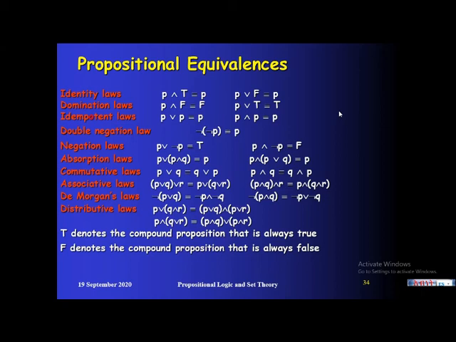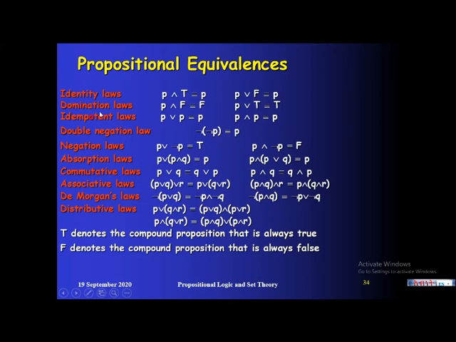For example, P may have two possibilities, either true or what? False. Let us take the true value. True and true is, we know, true. That means P and true is P. So by analyzing this, you can increase your understanding.